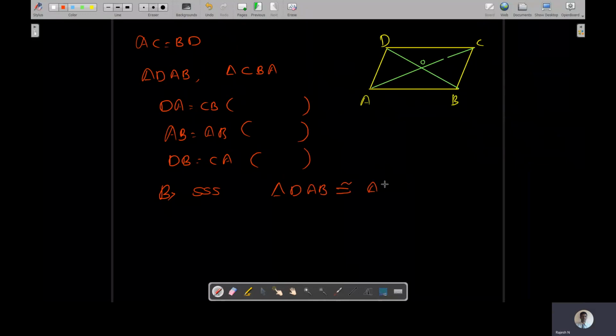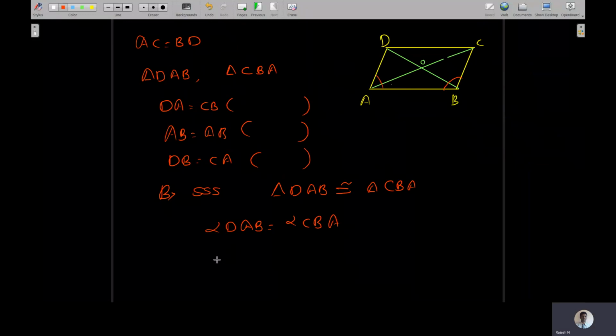If DAB is congruent to CBA, then these two angles should be equal. So we can say angle DAB is equal to angle CBA. But you know DAB plus CBA is 180, adjacent angles of a parallelogram.